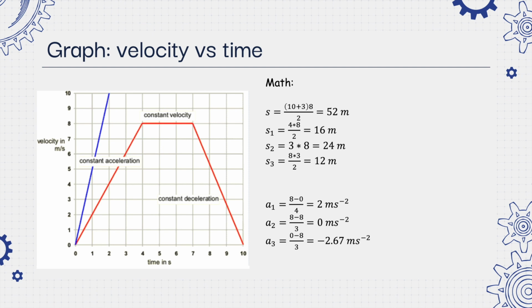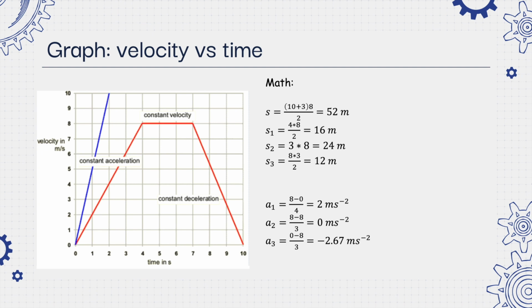Then for the second part, it's constant velocity, so the change in velocity is 0, divided by 3, the time it takes, so it's 0 meters per second squared acceleration. The velocity is not changing. Then we have the third one that we expect to be negative, and it is the same as the graph before. The final velocity is 0 minus 8, the initial velocity, divided by 3, the time it takes, so negative 2.67 meters per second squared.